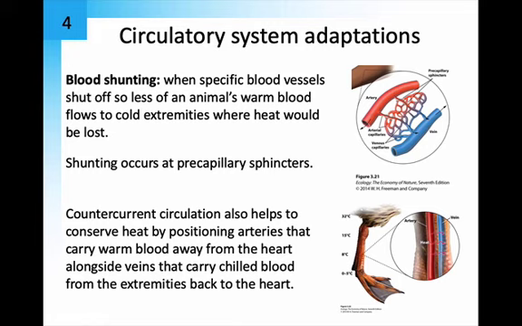This is very common in aquatic animals that dive in cold water. They frequently have shunts that bypass the skin and reduce heat loss through the skin. And then there's good old countercurrent circulation.